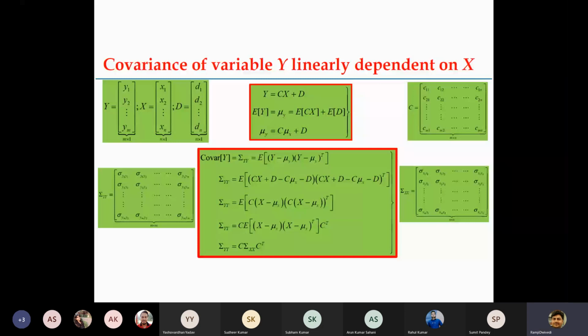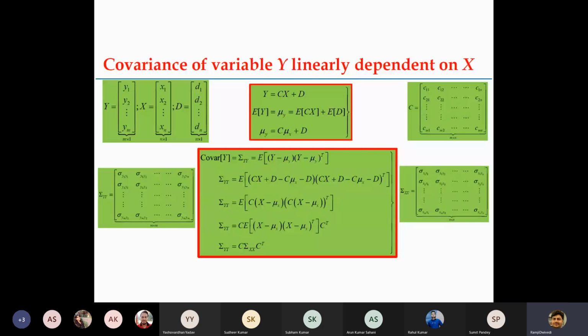The sigma yy is very simple. It is a variance covariance matrix of all y variables, maybe y1, y2, y3, yn. Sigma xx is the variance covariance matrix that is representing variation within the x variables. What are the x variables? They are x1, x2, x3, xn. You understand this part? So there are two types of variance covariance matrix that play a part in the system.